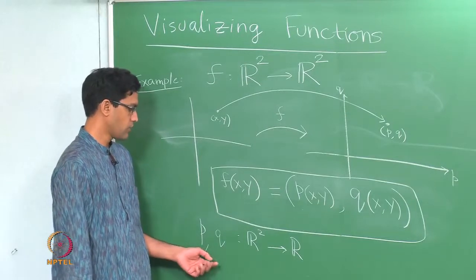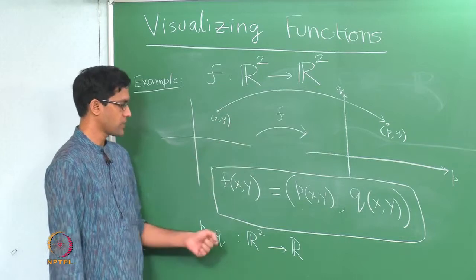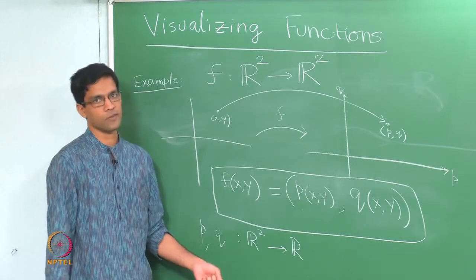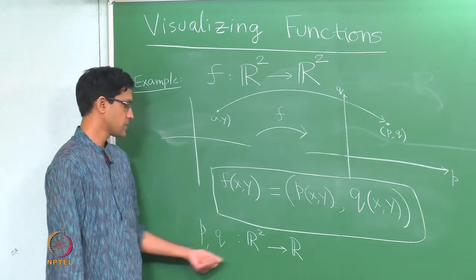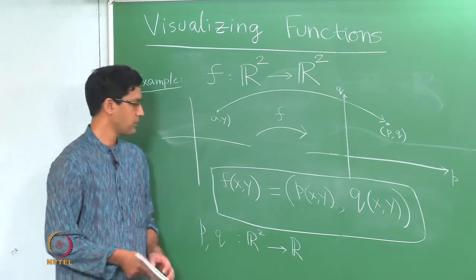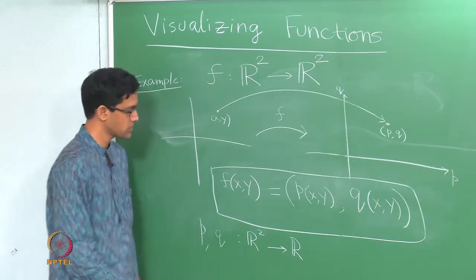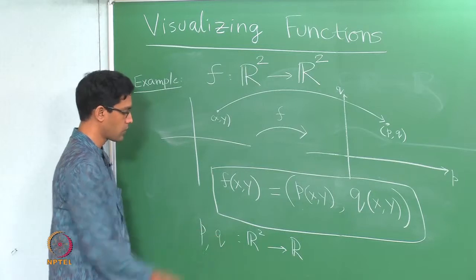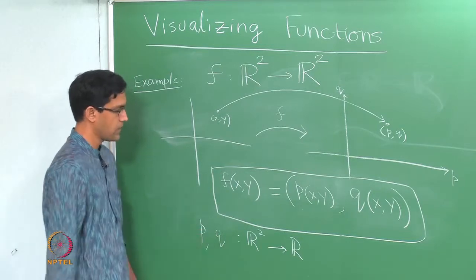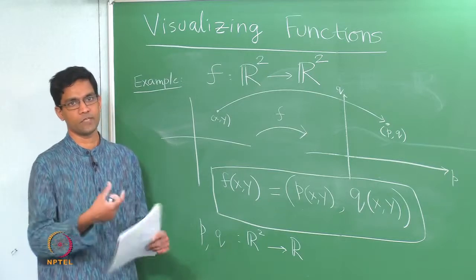So, one way of trying to understand this function f might be to understand these two functions p and q separately, and since they are functions from R2 to R, you could either draw their graph as a 3-dimensional surface, rather a 2-dimensional surface in 3 dimensions, or you could draw the contour plot of each of them and then somehow try and understand f as being made up of these two pieces.